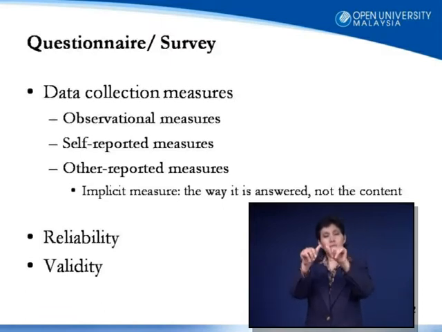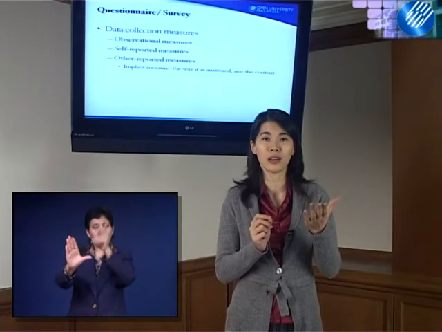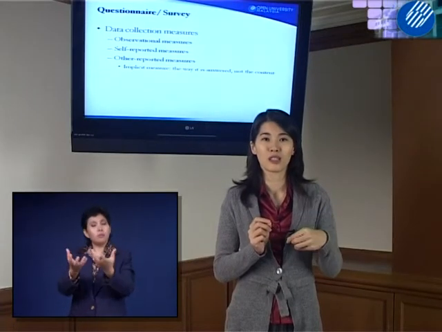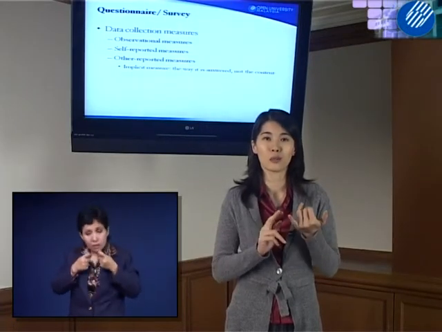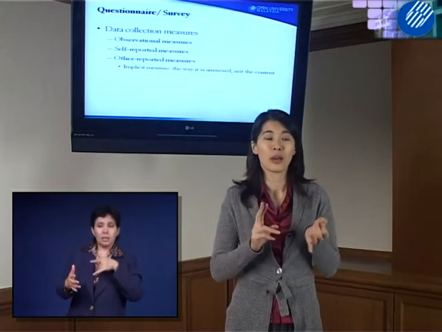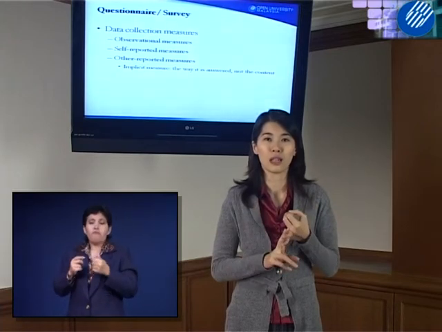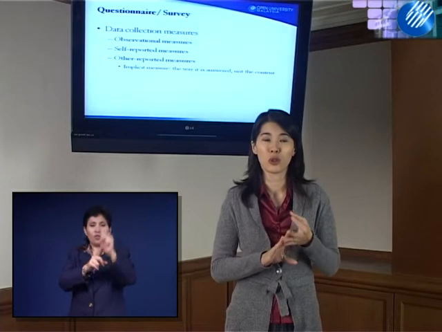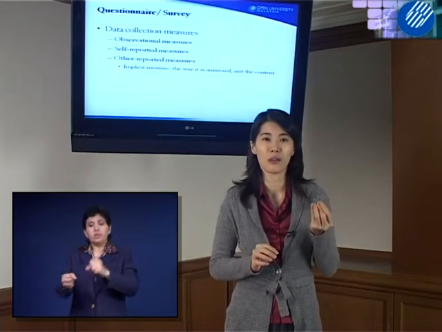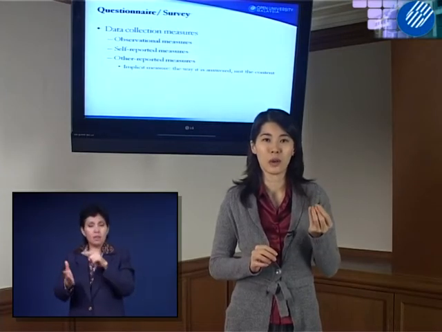It is the way it is answered, not the content of your questionnaire. Or sometimes you can ask your participants to do a self-reported measure, but actually you're trying to look at what their mood is, or how fast they answer the questionnaire, or how striking the question is, or how fast they answer each question.